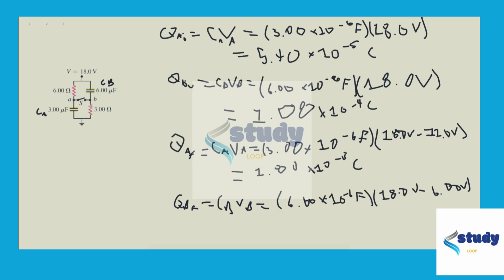We've already figured out in the previous problem that's 6 volts, so this gives 7.2 times 10 to the minus 5 coulombs.